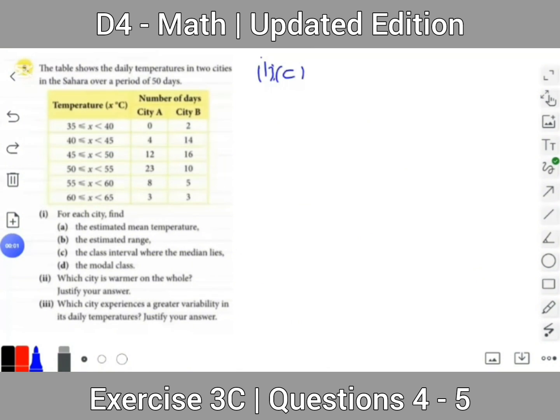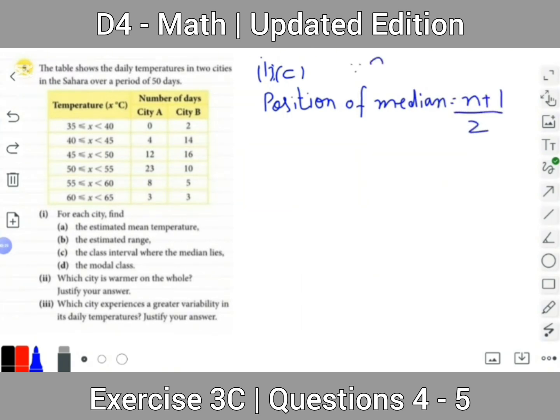Now for part 1c, we have to find out the class interval where the median lies. So first we have to find out the position of the median by using n plus 1 divided by 2. N is equal to 50.